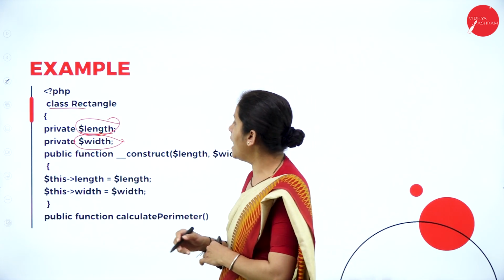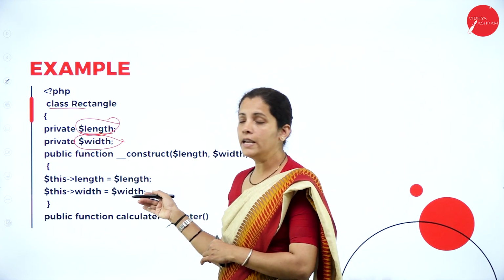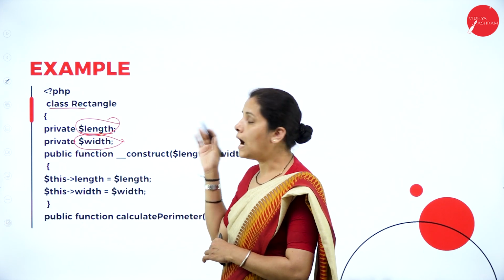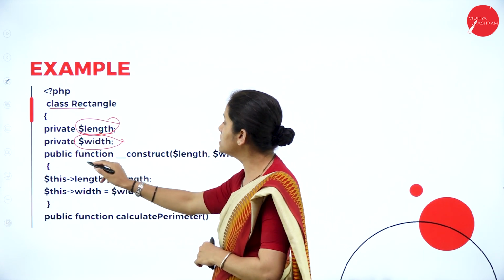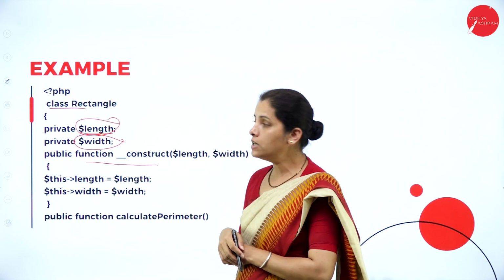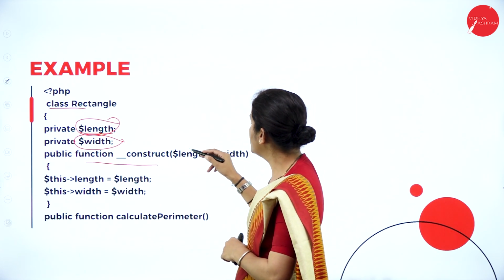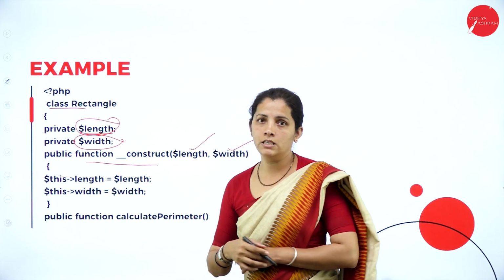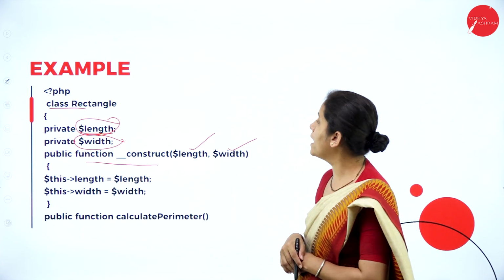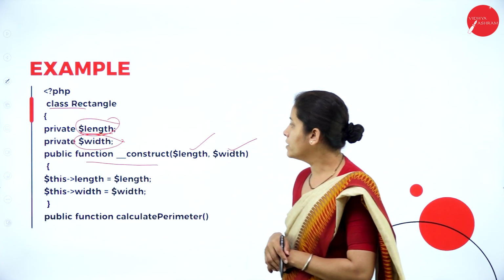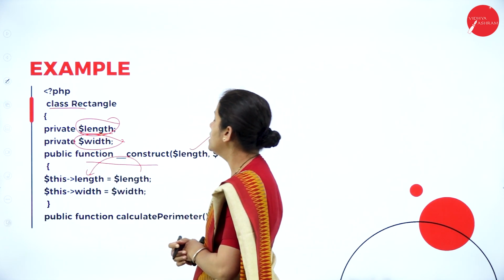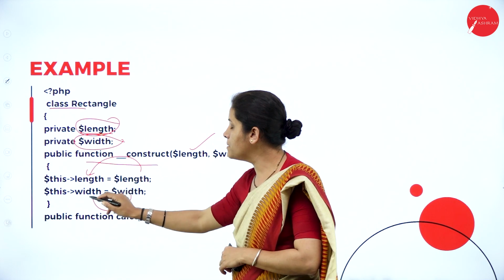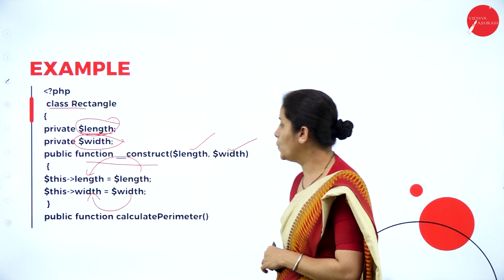And here I have the function, and in PHP I use a constructor. It takes two parameters, and this is an example of a parameterized constructor. Then I'll assign the value to the length, and at the same time, assign the value to the width.